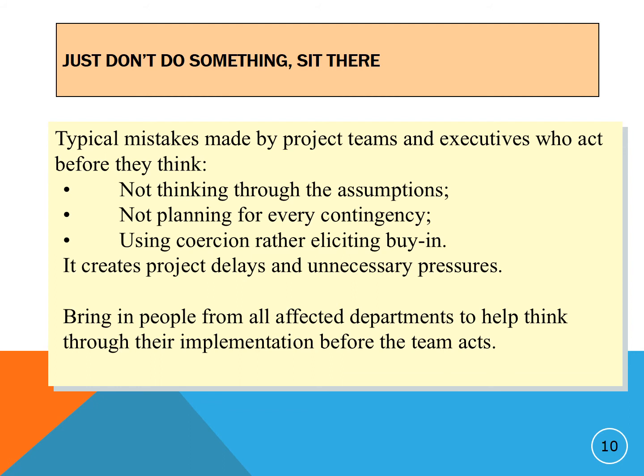They're not planning for every contingency, and they are using coercion rather than eliciting buy-in. This creates project delays and unnecessary pressures on the re-engineering project. So actually, we need to bring people from all affected departments to help us think through the implementation before the team acts.